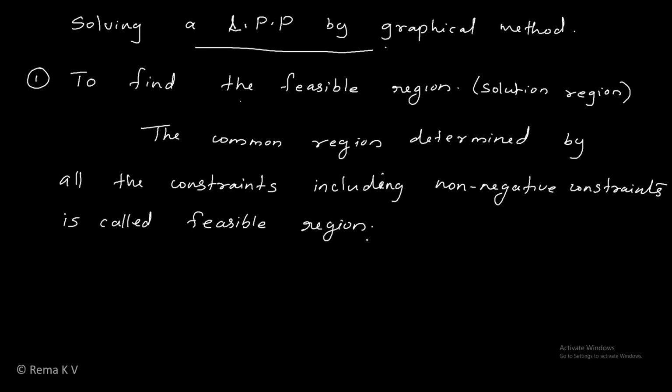So feasible region means it is the common region determined by all the constraints including non-negative constraints.